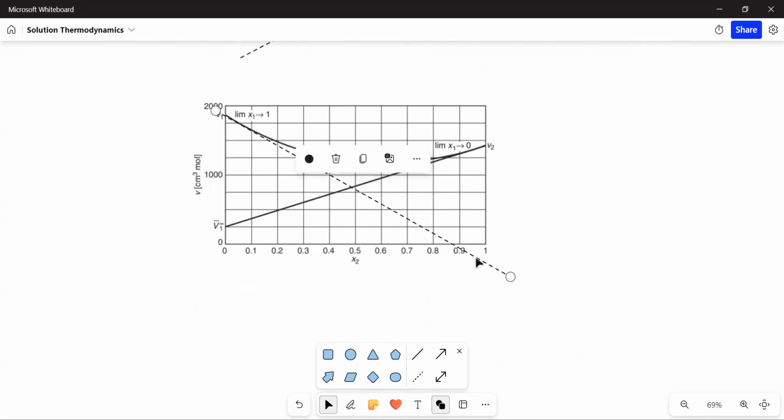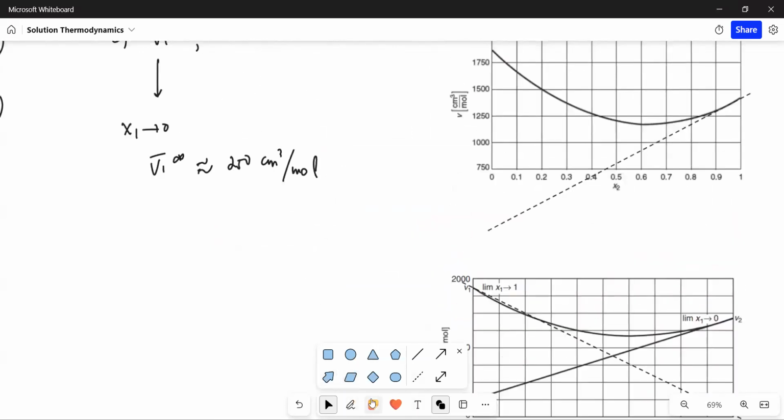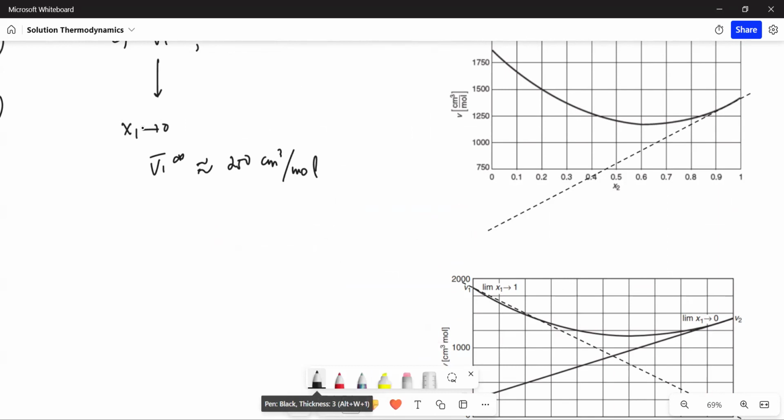So let's just write infinite dilution. Actually, I'm not sure how to read this. It's beyond the graph. So let's just put a very low value for V2, approximately, let's just put 10.